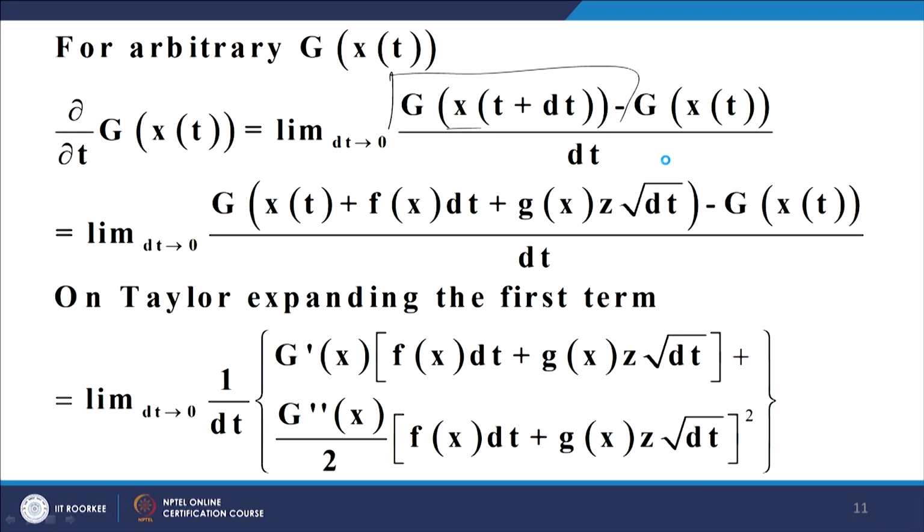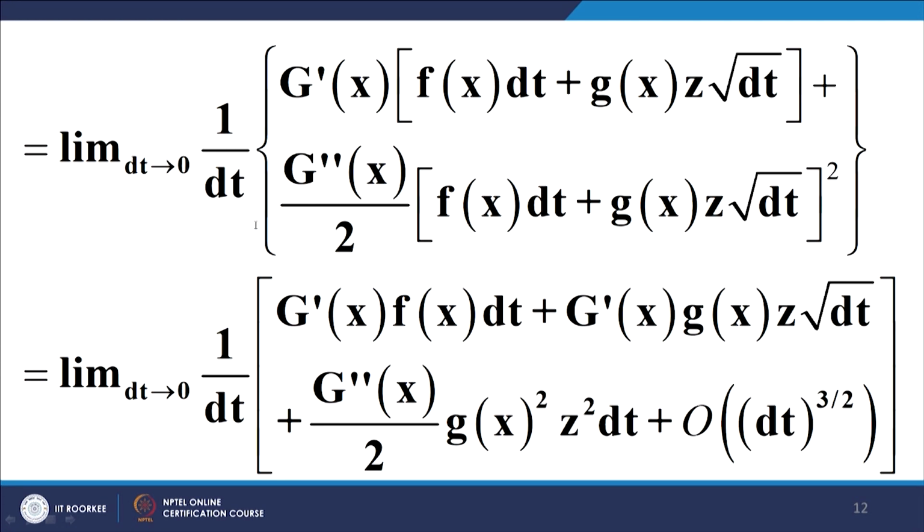Now we do the Taylor expansion of g around x_t. The first term will be g dash of x into this whole expression, plus one half g double dash of x into this whole expression squared, and so on, while dt remains as it is and the limit remains as it is.